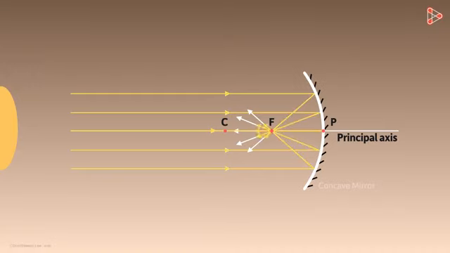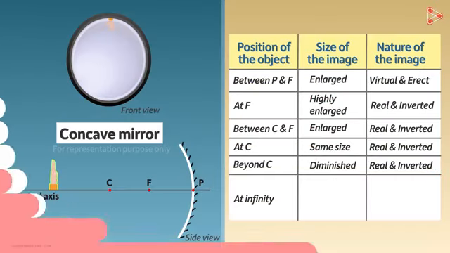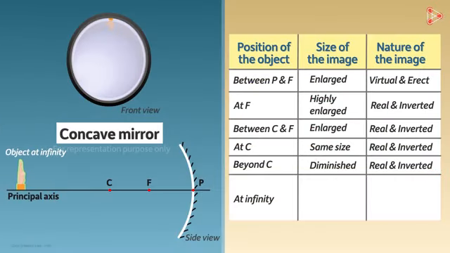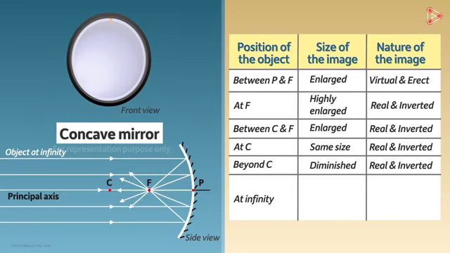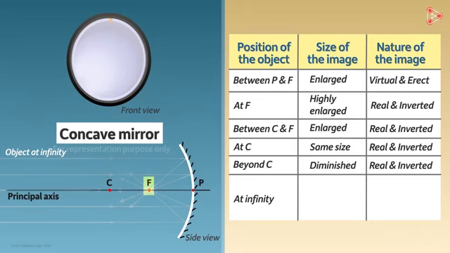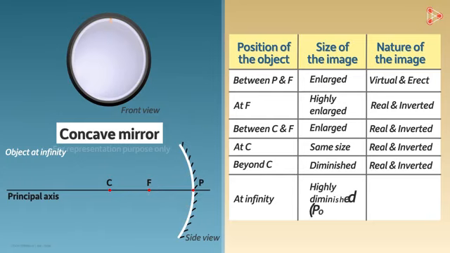The image of the sun will be formed at the principal focus. Similarly, if any object is kept infinitely far away from the mirror on the principal axis, all the rays from it can be thought of as travelling parallel to each other. After reflection, they will all converge at the focus. And the image of that infinitely far away object will be formed at this point. Yes, this is a point-size image. It's a highly diminished image and it's also a real image.